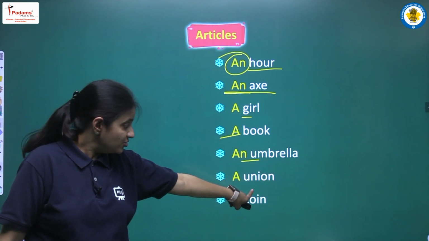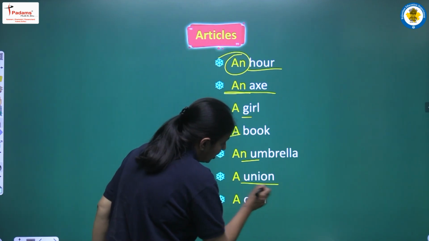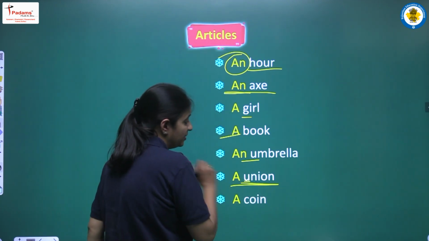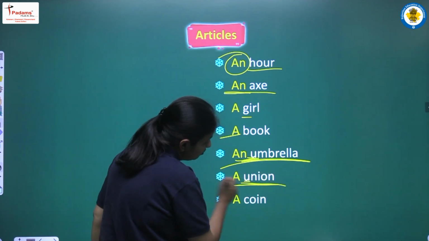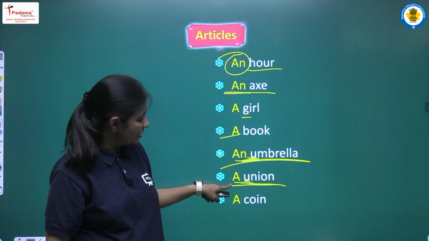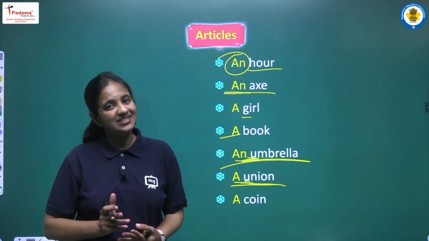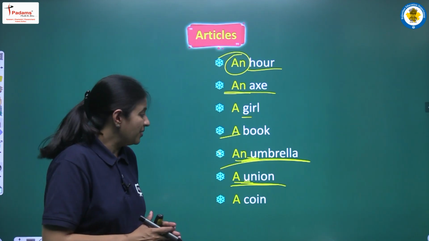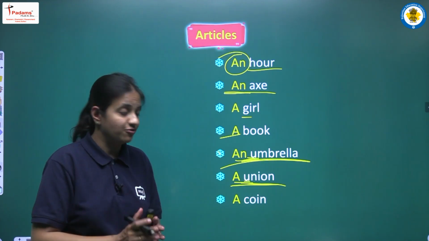Clear? Next we are having union. So yes, again we are having a word in which we have u in the beginning. In the earlier word also we were having u, and in this word also, but there we are having an, and here we are having a as an article. Why? Again I am repeating this thing so that there is no confusion in your mind, just to be very careful here.